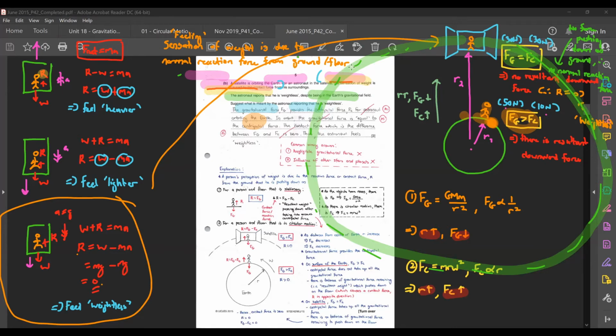Is it possible for centripetal force to exceed gravitational force? Yes, that is possible. Okay, now you brought up an interesting point. If Fc exceeds Fg, this means not enough.